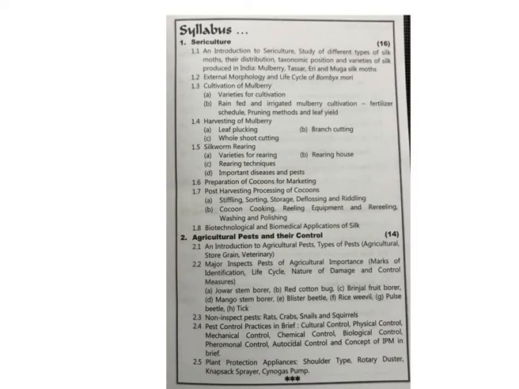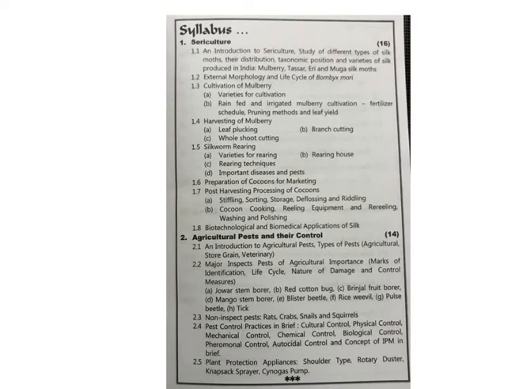The next point is silkworm rearing, with steps such as varieties of rearing, rearing house, rearing techniques and important diseases and pests. Now the next is the preparation of cocoons for marketing.